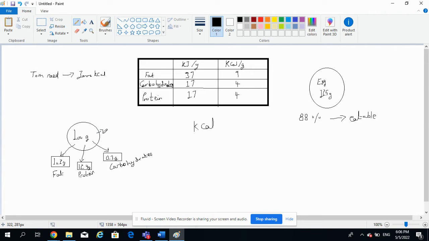So this is the egg. What we do is, from the table, we just start multiplying these values with their respective kilocalorie values per gram.